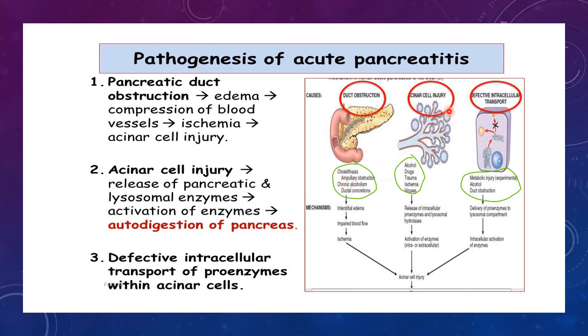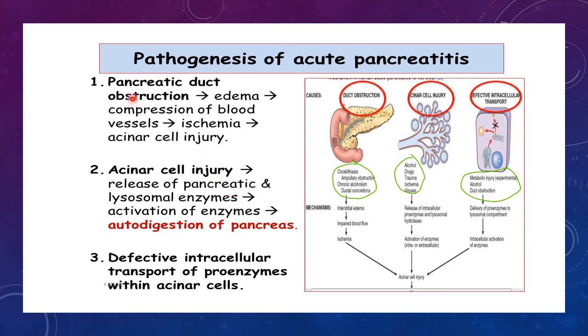The second is direct injury to the acinar cells by alcohol, drugs, trauma, and various other forms of direct injury to the pancreas. And the third mechanism is the defective intracellular transport of proenzymes within the acinar cells. This is caused by metabolic injury, metabolic diseases, instability of metabolic state in the body, and also by duct dilatation.